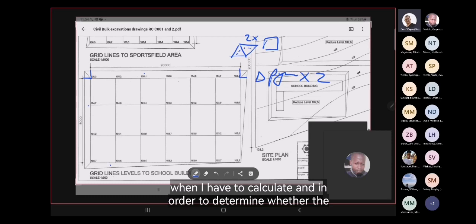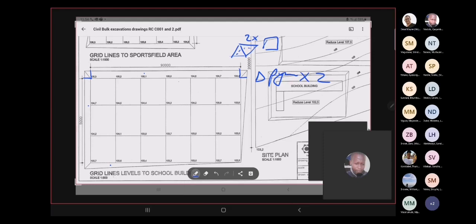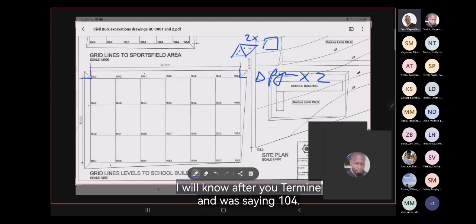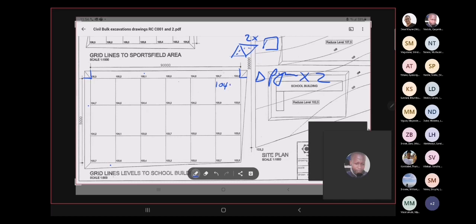In order to determine the excavation for those, I will now have to say 104.4 minus 102.5 gives me a depth of 1.9 for that.